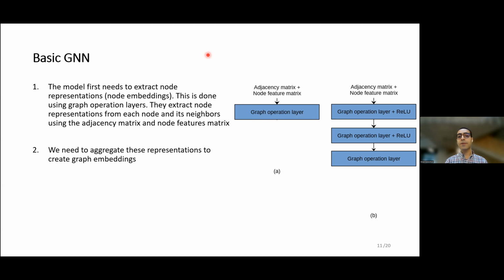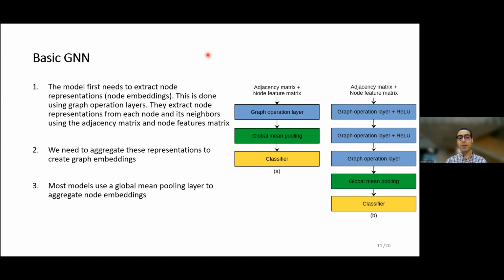We need to aggregate these representations to create a graph embedding. First we have node embeddings, and we have to aggregate them to have a graph embedding. Most models use a global mean pooling layer, like what you see in CNN, so the green ones here. And then they use this result of the global mean pooling layer as the graph representation, and they use it for the classification.